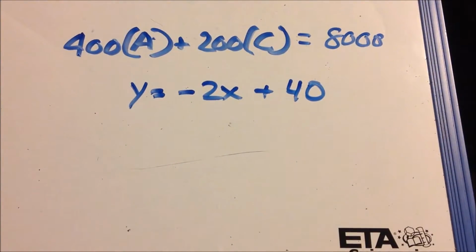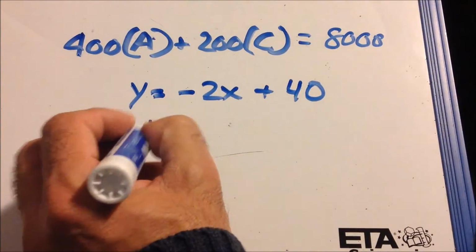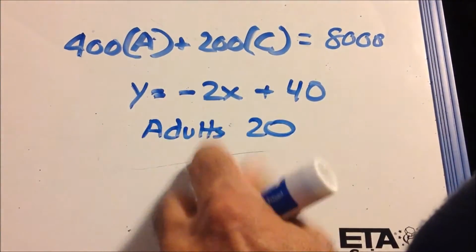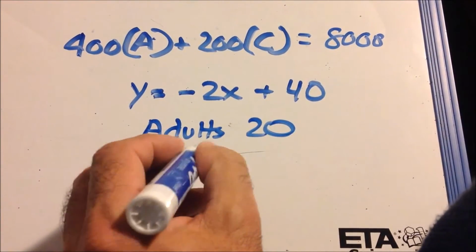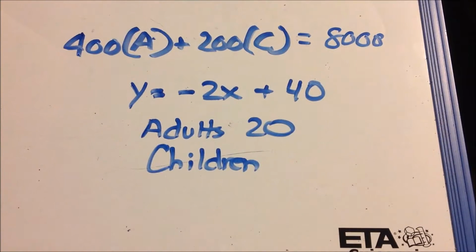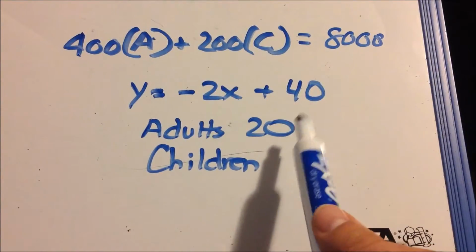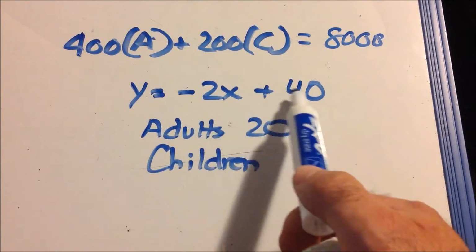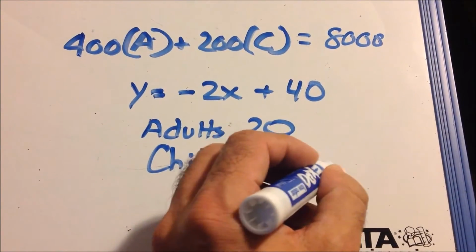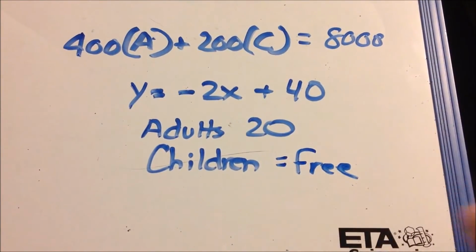So let's say we want the adults to pay $20. What would the children pay? Work that out. Okay, now if the adults paid $20, that's negative 40. Negative 40 plus 40 is 0. The children would be free. It would be free for children if you expect 200 children to show up.